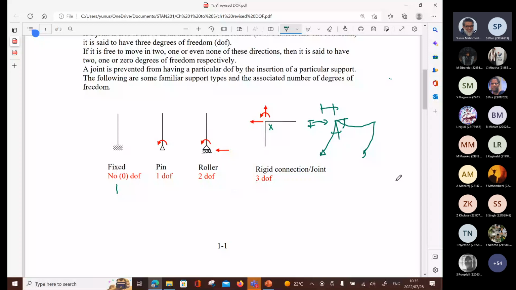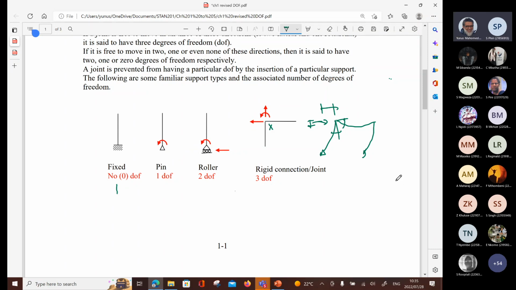Okay, so coming back to your question, fixed: there's no way it can move in any direction, right? Pin, as I showed you, it can rotate, but it cannot move vertically or horizontally. Roller, you have 2 degrees of freedom.